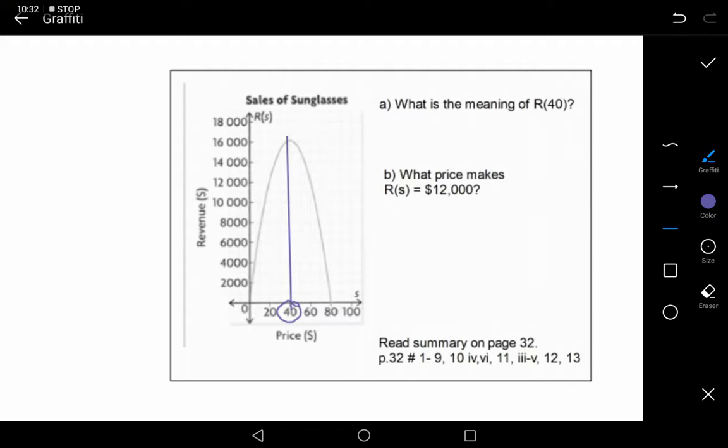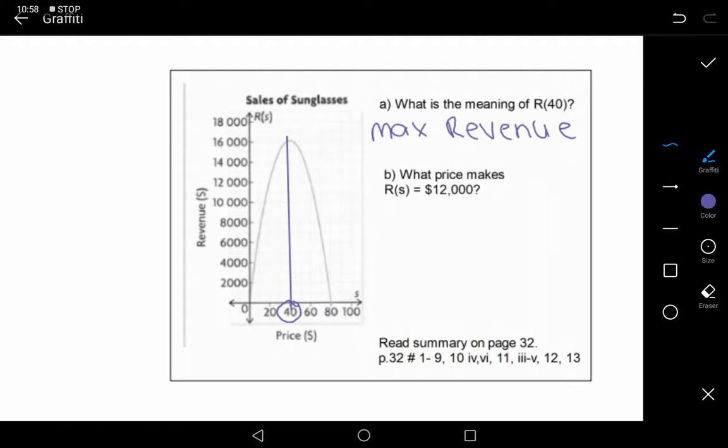Okay, so I can see that the revenue at $40 is our maximum height, or our maximum revenue if we're talking directly about the situation. So it represents the max revenue. And we can tell that just from that graph.